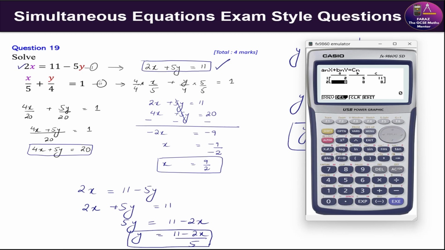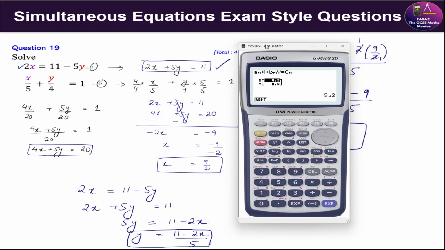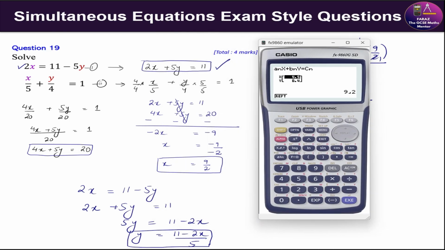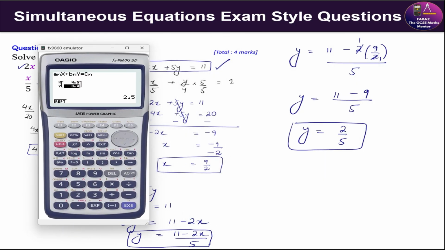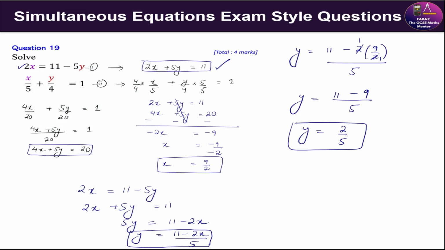And the second equation you can enter in the calculator is 4x plus 5y equals to 20. Press execute. So you can see here we have x equals to 9 over 2 and y equals to 2 over 5. And in decimals it is 4.5 and 0.4. Alright, let's move to the next question.